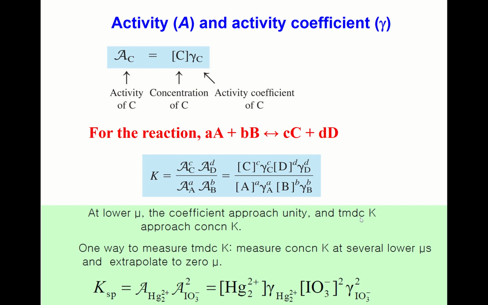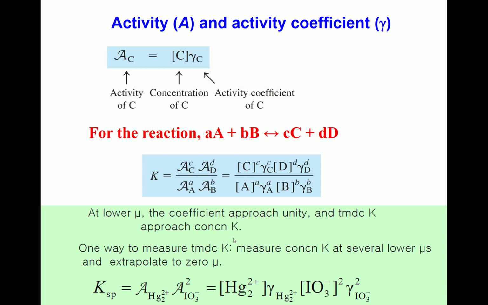Actually, the thermodynamic equilibrium constant is what we have to obtain, but how do you obtain it? One way to measure it rather easily: measure the concentration equilibrium constant at several lower ionic strengths, and extrapolate to 0 mu. At 0 ionic strength, the thermodynamic equilibrium constant becomes the same as the concentration equilibrium constant.